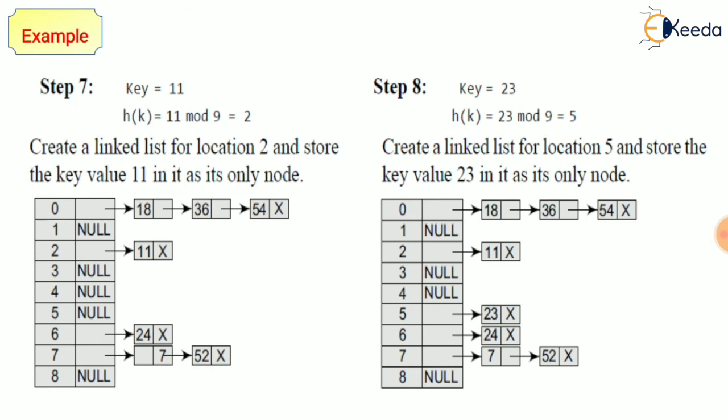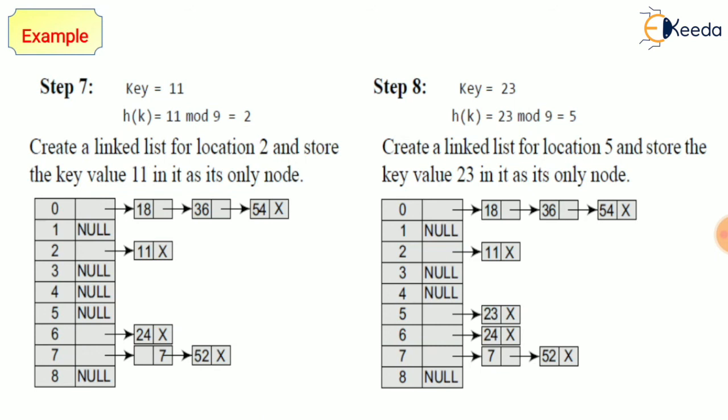In a similar manner, the 5th location is also not occupied at all, so we put it at the 5th location. So in this manner, without any collision, by using the chaining method, we store all the values inside the hash table using a singly linked list.